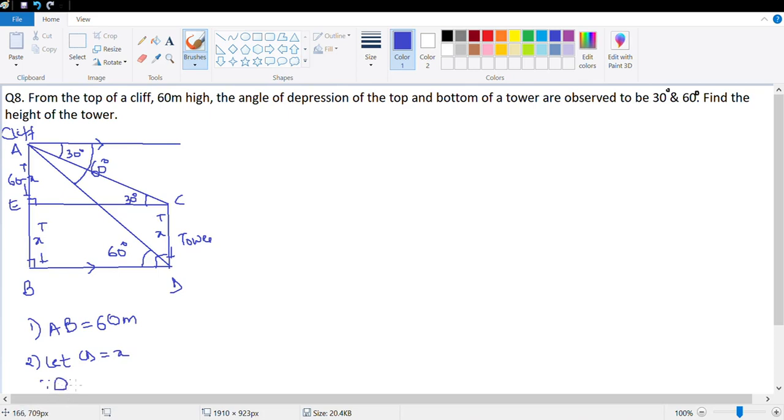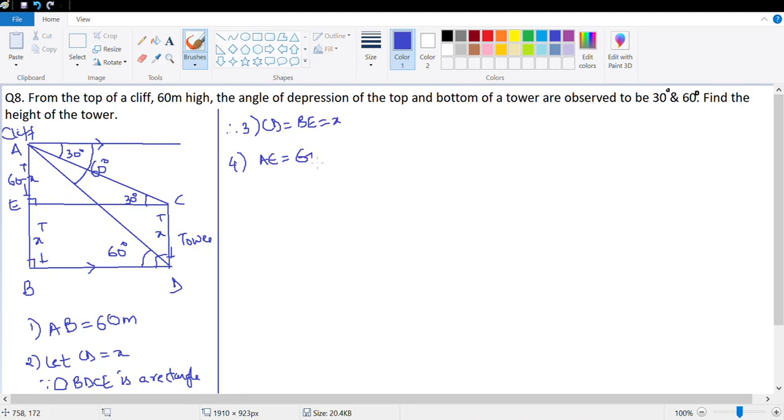Since quadrilateral BDCE is a rectangle, therefore point number 3, CD is equal to BE is equal to X. Number 4, AE is equal to 60 minus X. Done.